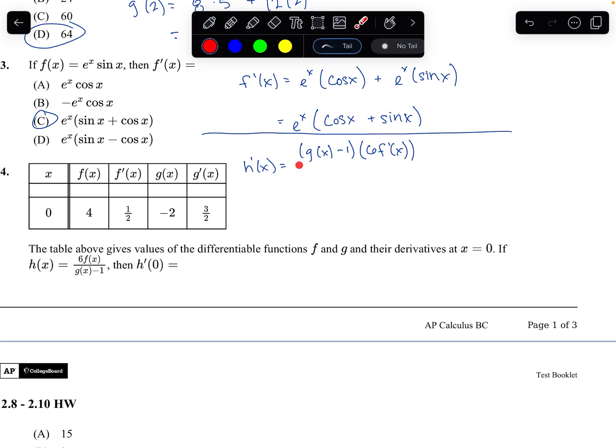So here I have low d high, meaning the bottom times the derivative of the top. Then minus high, which is 6f of x, d low, the derivative of the bottom, which would be g prime of x. The derivative of 1 is 0, so plus 0, so I'm just going to write g of x.